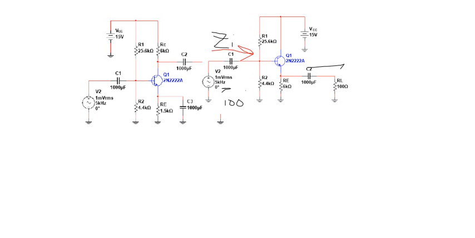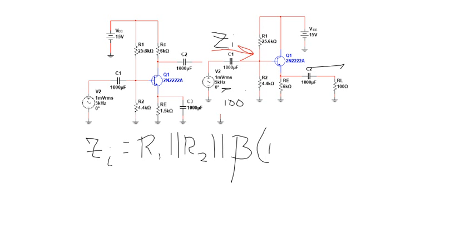Zin is going to be R1 in parallel with R2 in parallel with beta times... Now remember, when I do resistors in parallel, my combination resistance is always going to be smaller than the smallest one I started with.